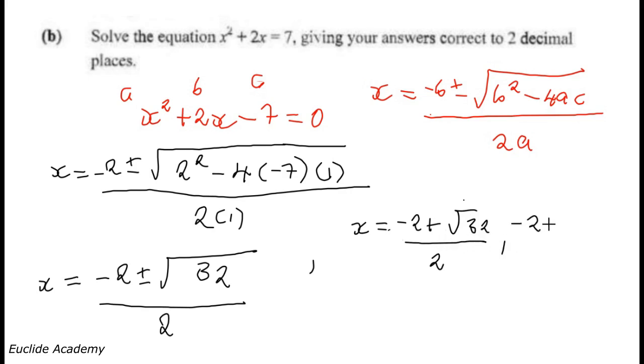Or negative 2 minus the square root of 32, divide everything by 2. And then from here we can have two values. Again, we can use our calculator to calculate these values and get the answer directly. So let's bring up the calculator again and perform this calculation.